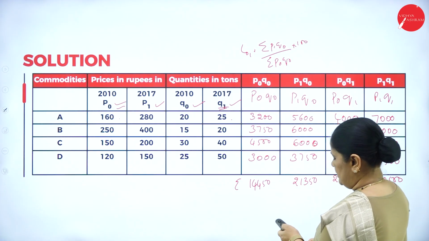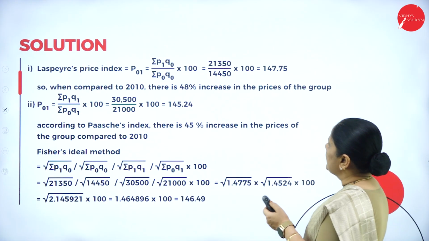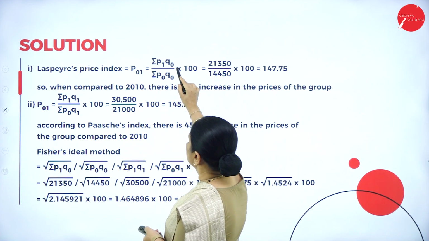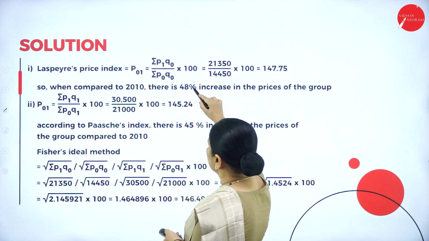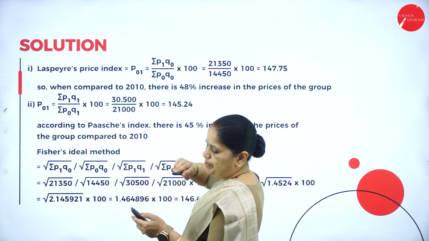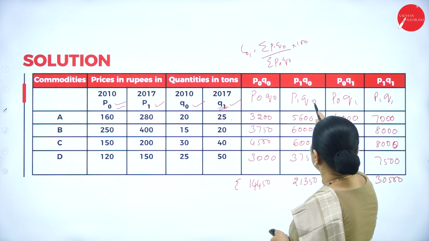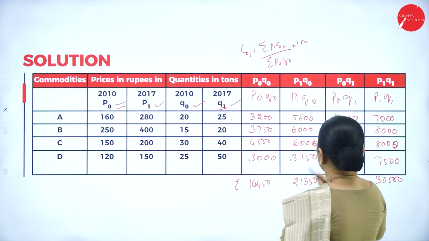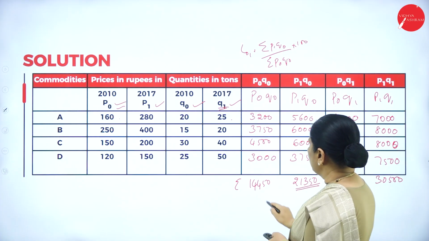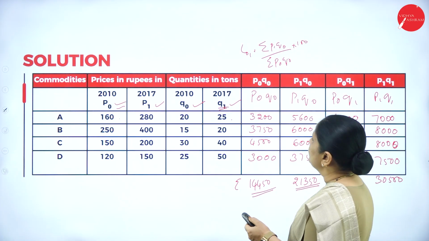Now going to the solution here, last year's price index number. So summation P1 Q0 by P0 Q0 into 100. What is summation P1 Q0? Summation P1 Q0 is 21,350. Now P0 Q0 is 14,450.